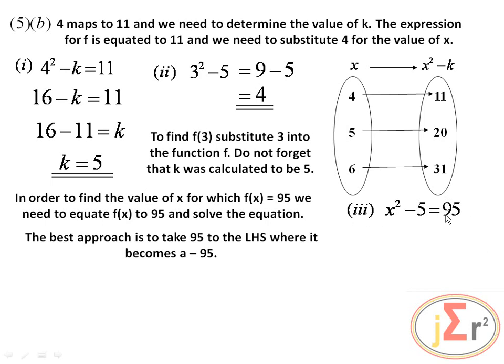But I'm opting to take this 95 to the left hand side. We have x squared minus 5 minus 95. Whenever we add numbers that have the same sign, we add the values and the answer will take the same sign as in numbers that we have added.